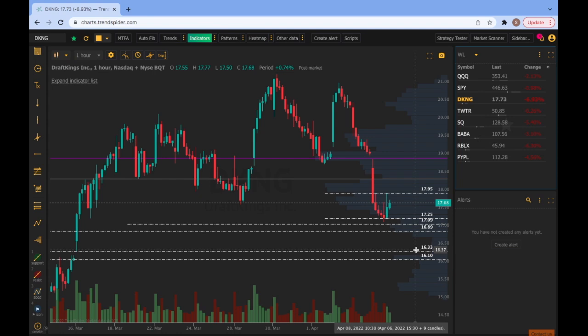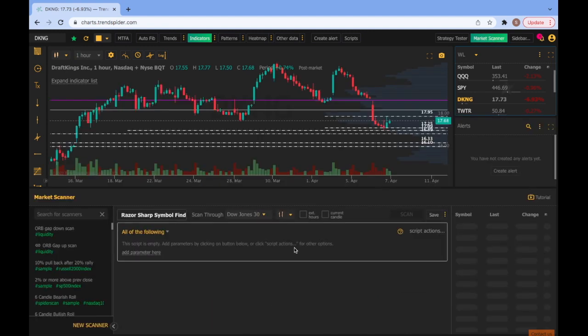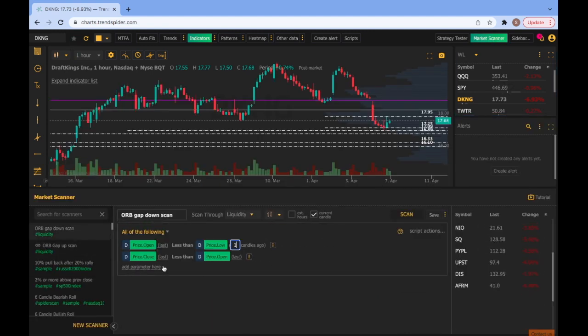But when it comes to actually using the ORB, the best way I found is using it on gaps, and then also I use it every single day on QQQ. So the way that I actually find gaps the day of, I have a scanner set up here on TrendSpider, scan through. Obviously today was a big gap down day, so a lot of tickers are gonna show up.